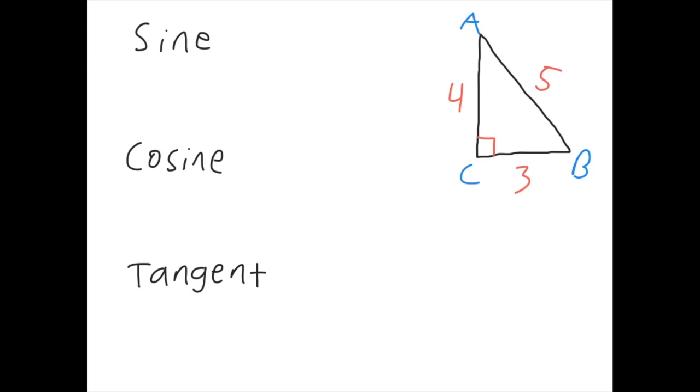So each of these trig functions have a different ratio regarding the angle that you choose to take the trig function of. So the sine of an angle is known as the opposite side over the hypotenuse. So let's use this as an example.